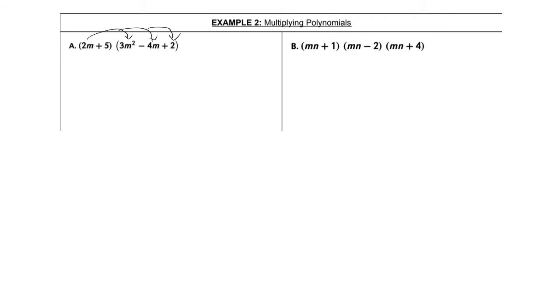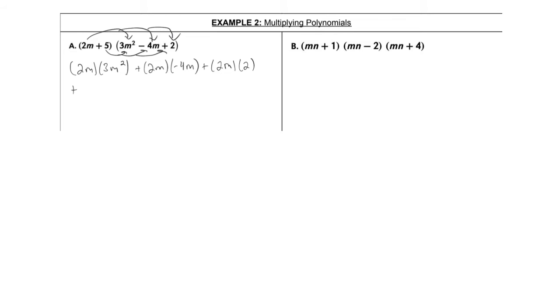So 2m times 3m squared plus 2m times negative 4m plus 2m times 2, plus, now we're going to use the second term and multiply it to all the other terms as well.